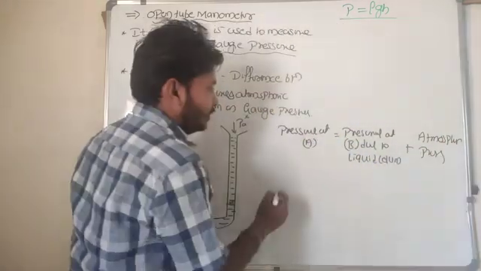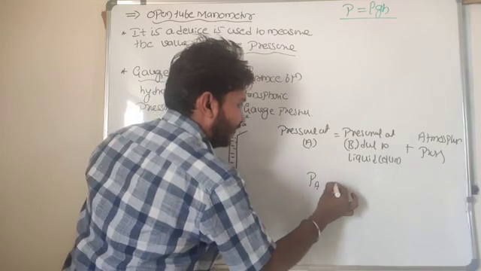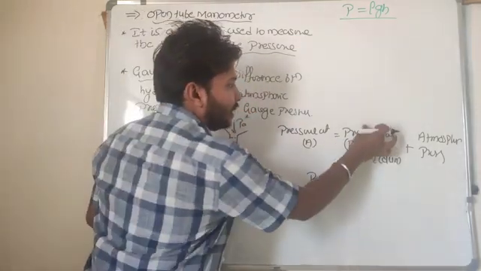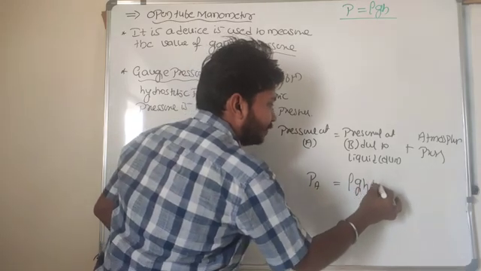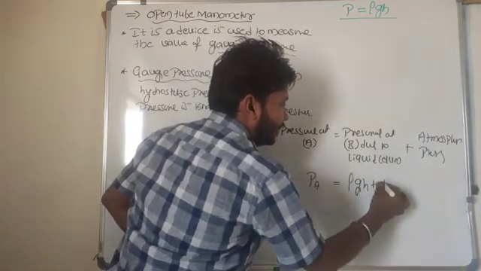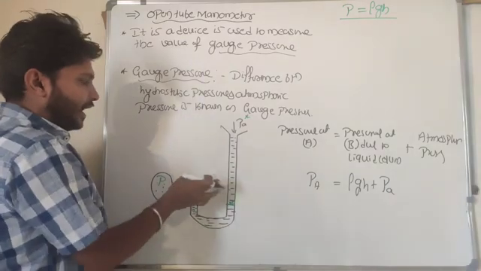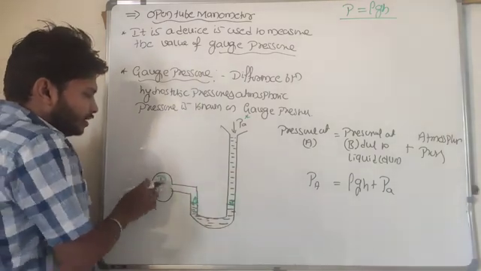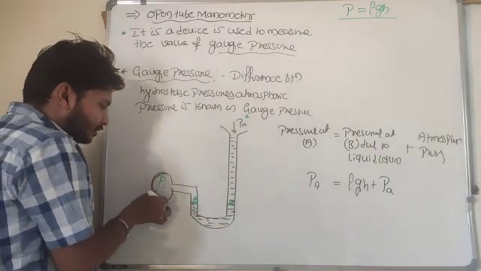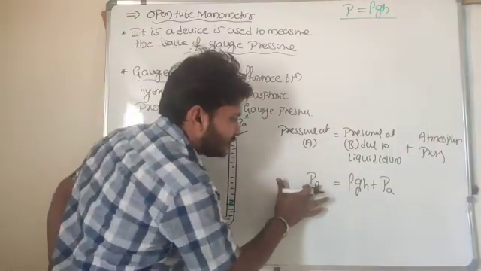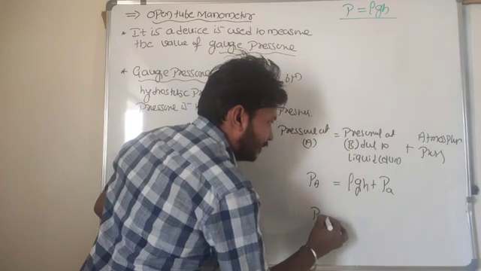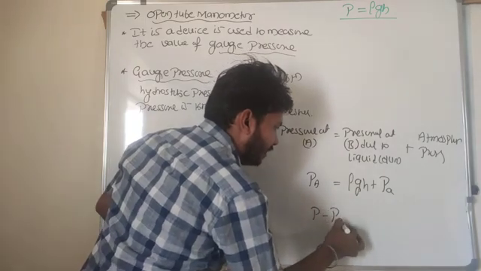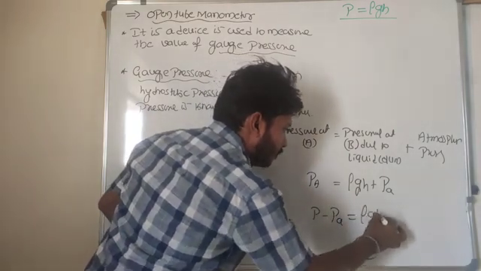That is, pressure at point A equals rho g h plus atmospheric pressure. Pressure at point A is nothing but the pressure of the system, let it be P. So P minus atmospheric pressure is equal to rho g h.